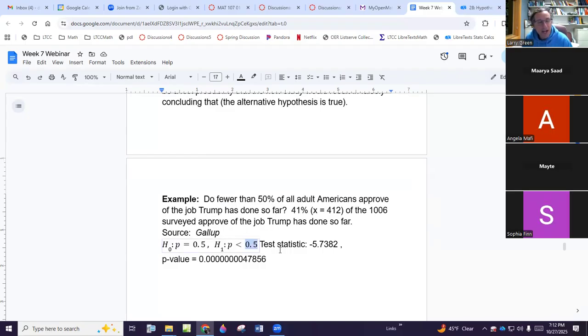Okay. Just for time reasons, I'm going to tell you I went to the calculator and I found the test statistic was negative 5.7382. And the p-value is about 0.000000004786. I do want to give you a heads up: in the calculator it said 4.7586 and a bunch of others, and then at the very end it had E negative 9.